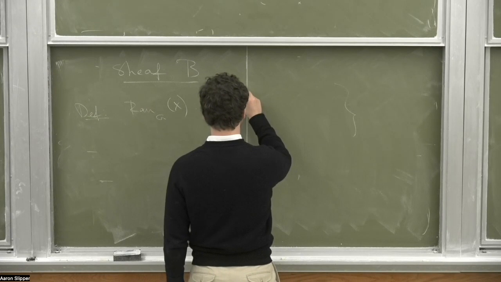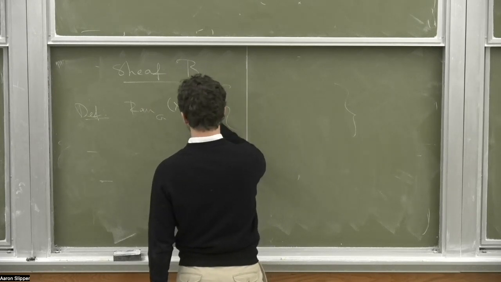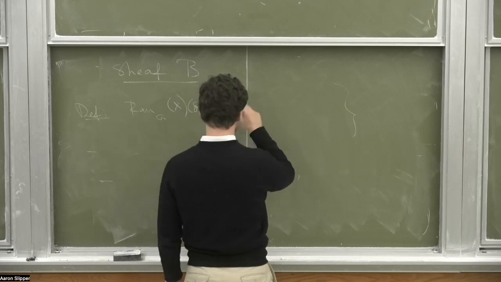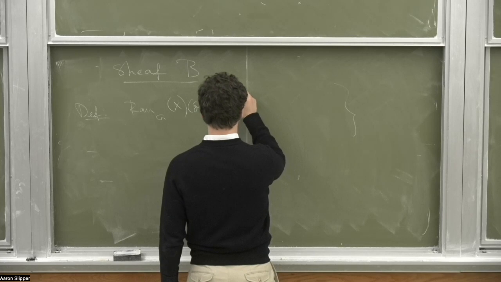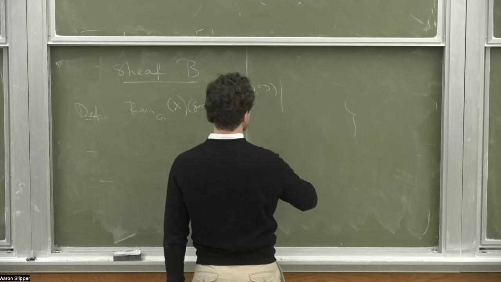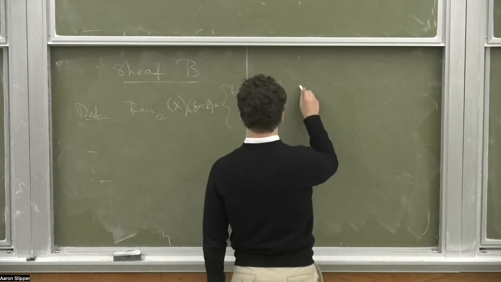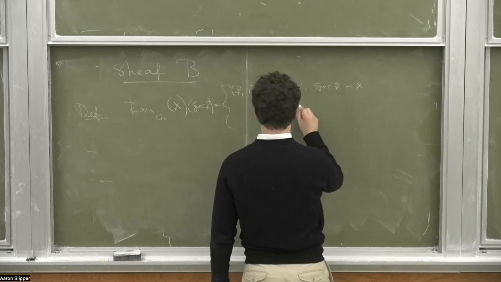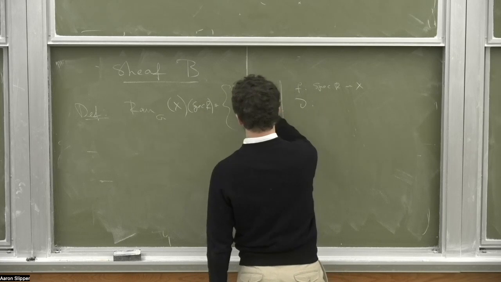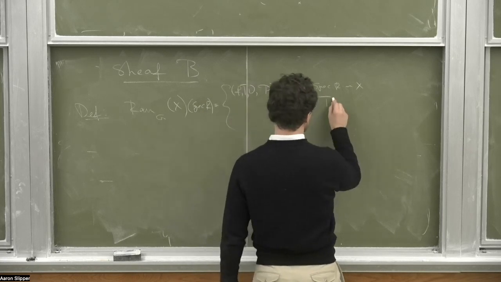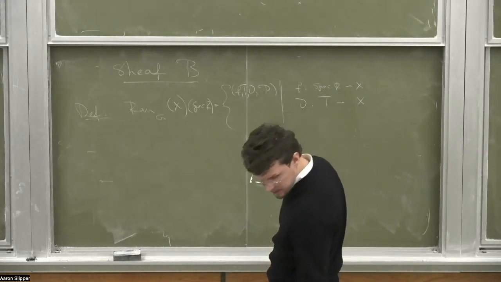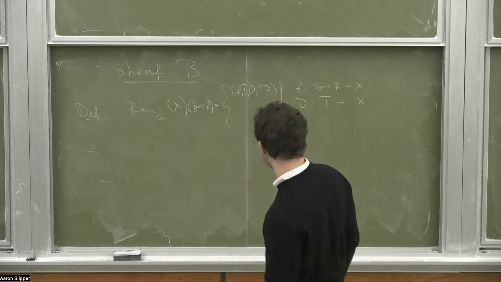Its values on some test scheme R are going to be, say, f, phi, where f is a map from the stack X to A^n plus T.